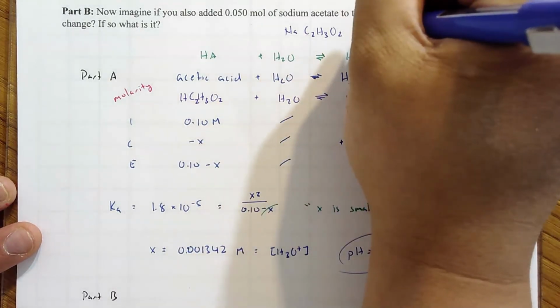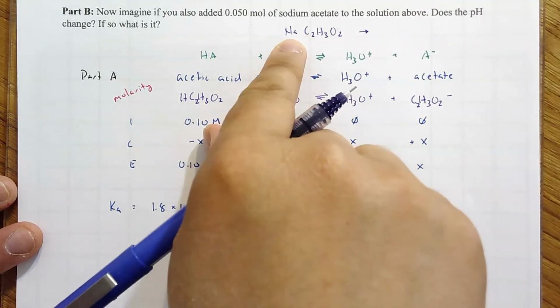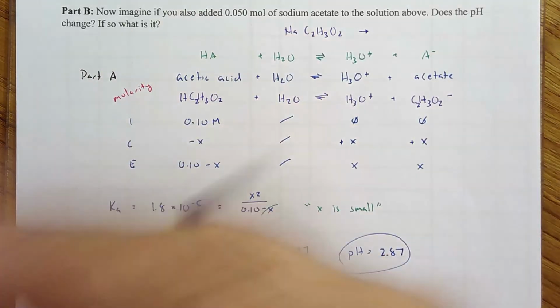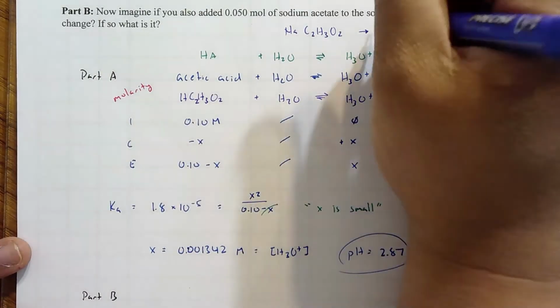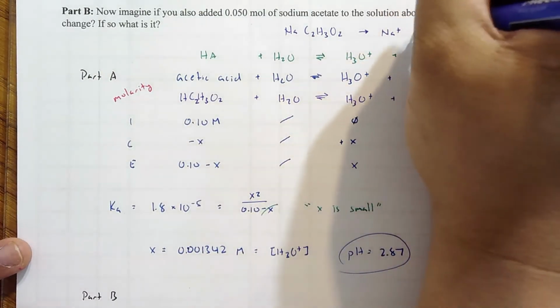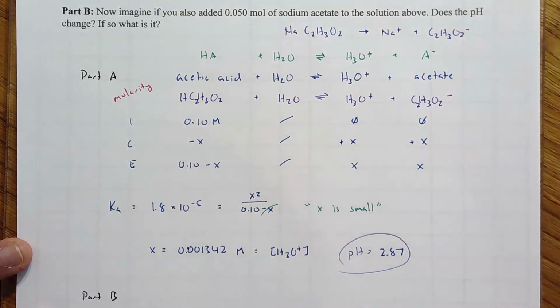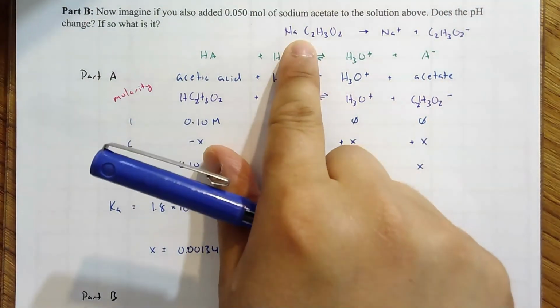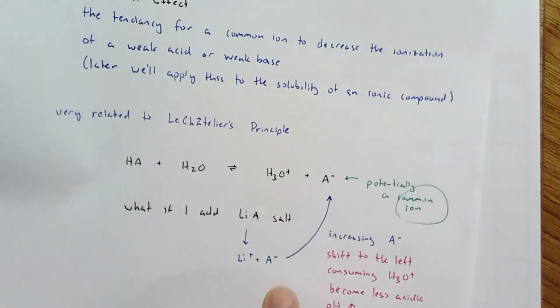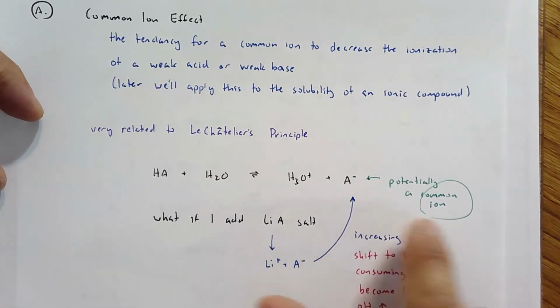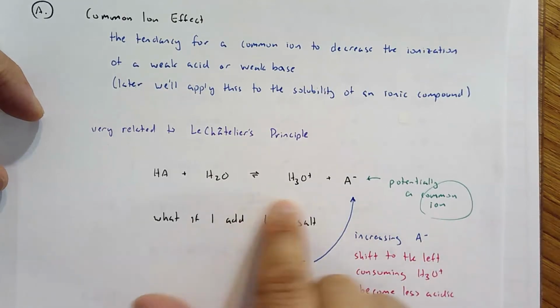But we know that it's going to break up because this is the salt of a group 1 metal. Those fully ionize, fully dissociate. So we do get Na plus and C2H3O2 minus. See? By adding that salt, sodium acetate, we're doing this trick. We're adding more anion, we're adding more common ion. It's going to shift to the left.